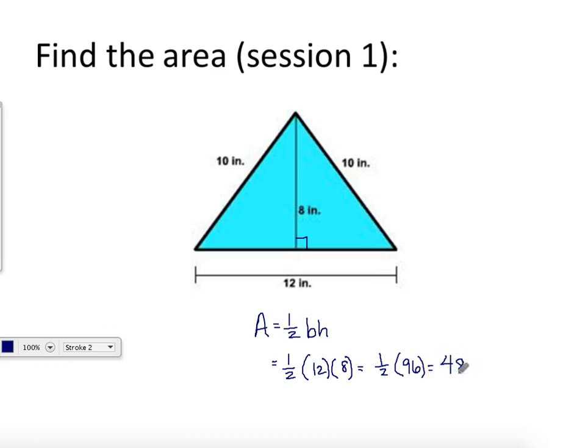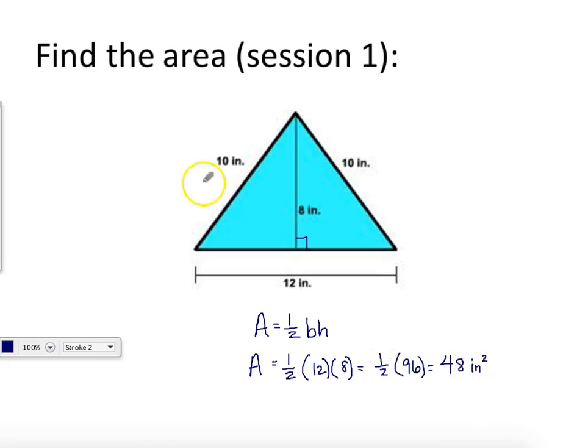Is that my final answer? Would I get full credit for turning in an answer saying that the area is 48? Nope, you would not. We need units of measurement. Since we're doing area, we know that it has to be inches squared.